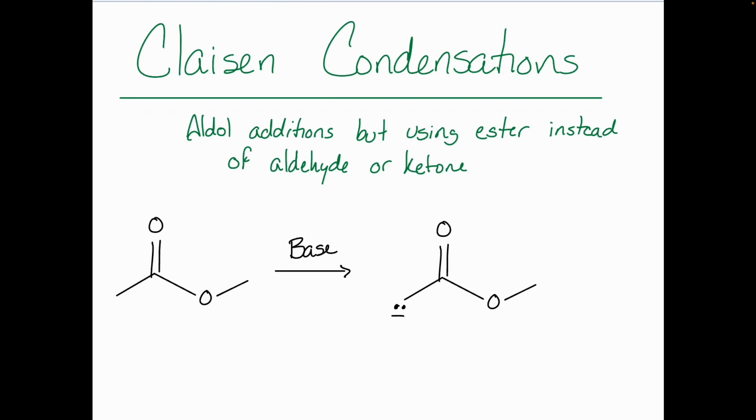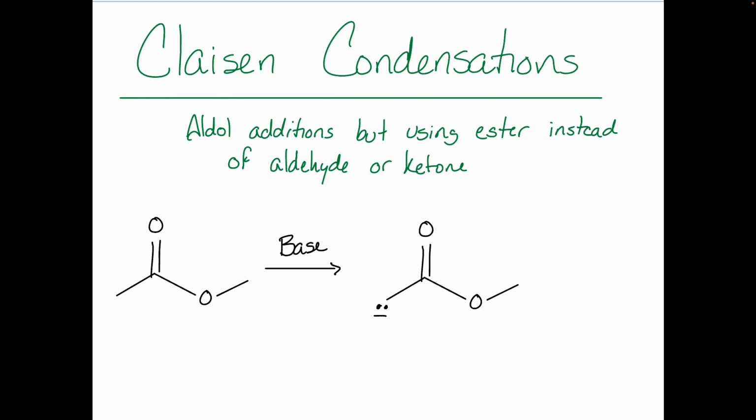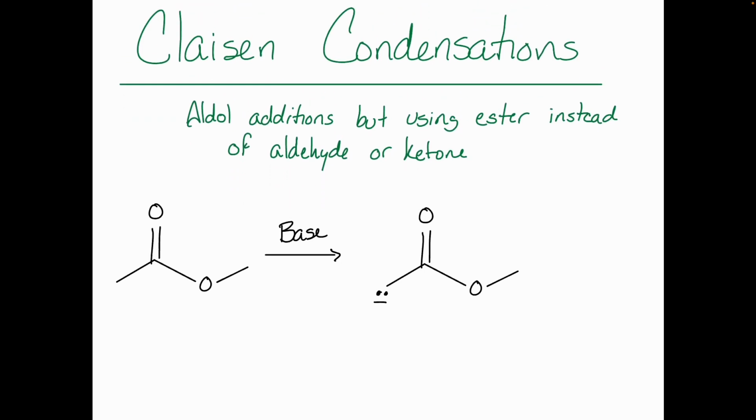And we'll talk about the choice of base here in a second. They're very clever with the base that they use in these reactions. But now we see the same sort of alpha carbon deprotonation of an ester in basic conditions.